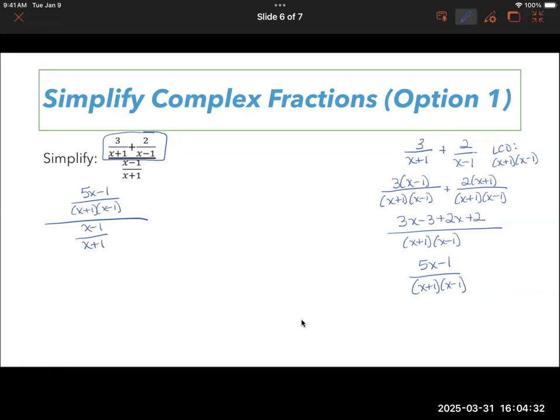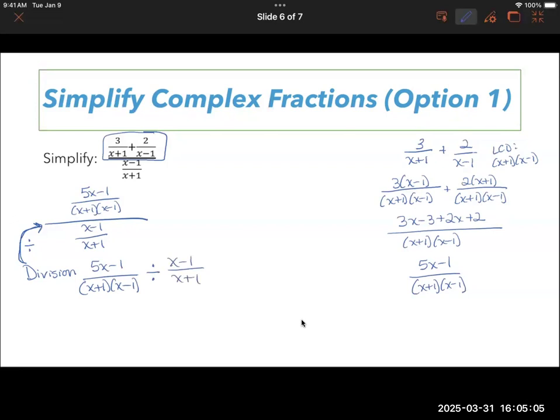Now, step 2 is to actually think of this as a division problem. We know that this fraction bar means the same as divide by. So we're going to think of this as 5x minus 1 over x plus 1, x minus 1 being divided by the x minus 1 over x plus 1.